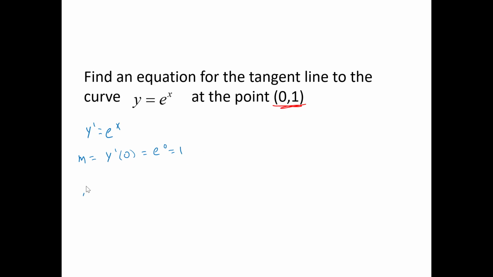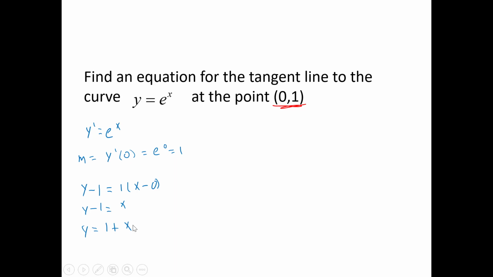We can use the point slope formula and write y minus 1 is equal to 1 times x minus 0. So this is y minus 1 equals x, and this is y equals 1 plus x.